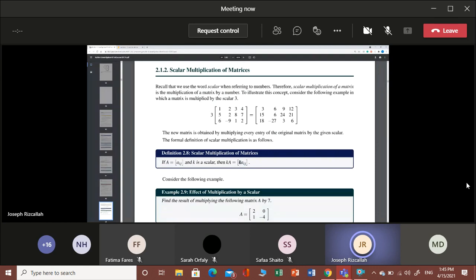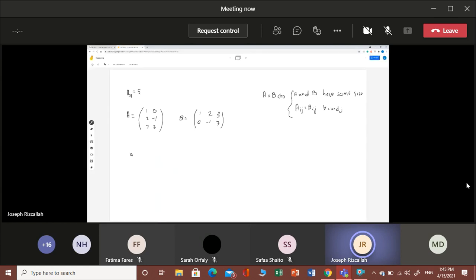Okay, so let me just do an example. Let's say I want to multiply A by 2. Then what do I get? If I multiply the matrix A by 2, then this entry here would become 2. This would be 0.